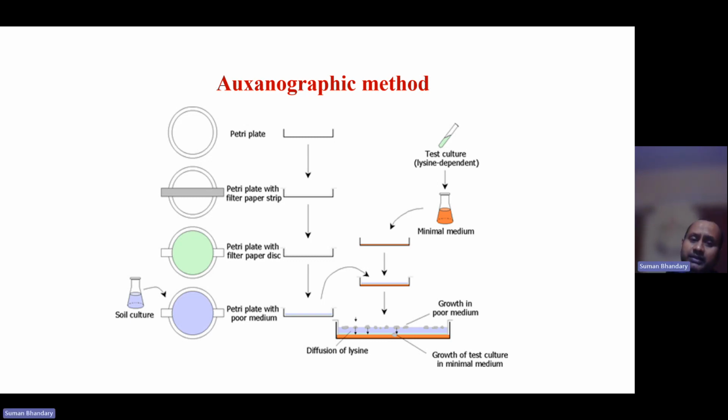Now over the second plate, you have to place the first plate by holding the two ends of the filter paper, and then you incubate it further.